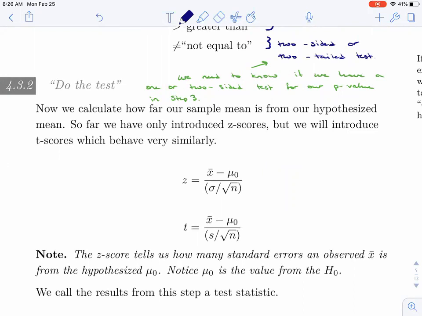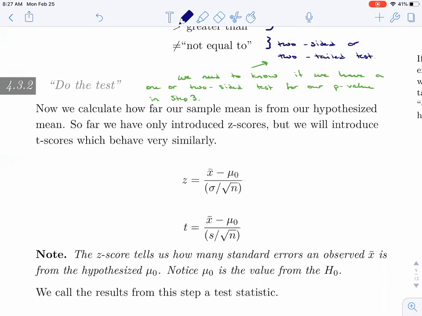Step two, do the test. Doing the test means we calculate how far our sample mean is from our hypothesized mean, mu naught, taking into account sigma and the sample size.